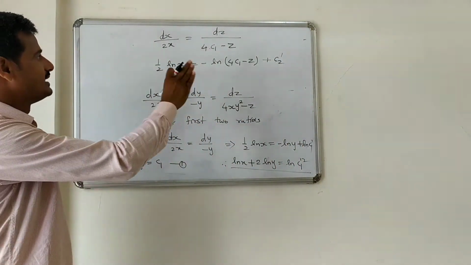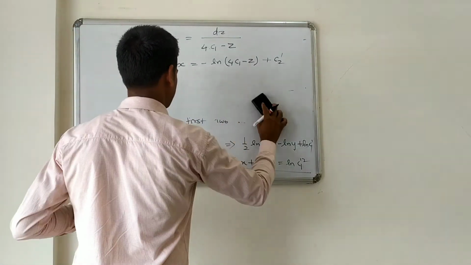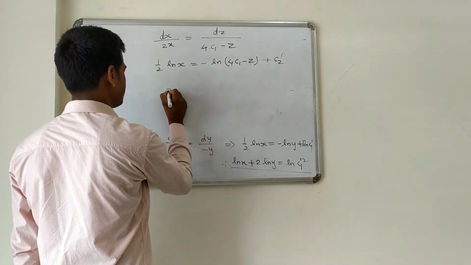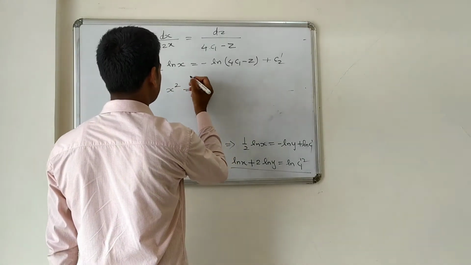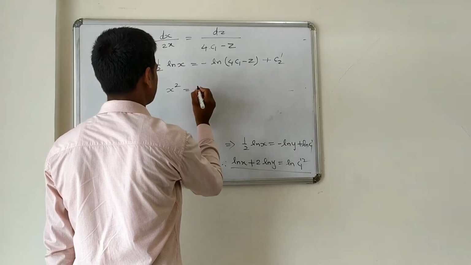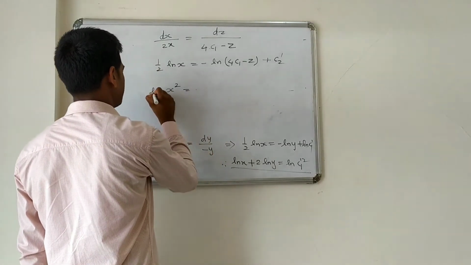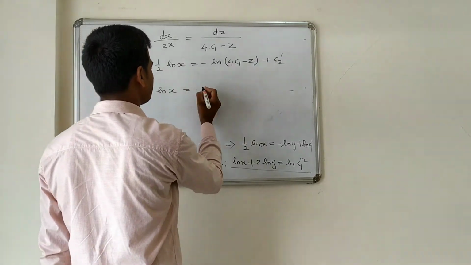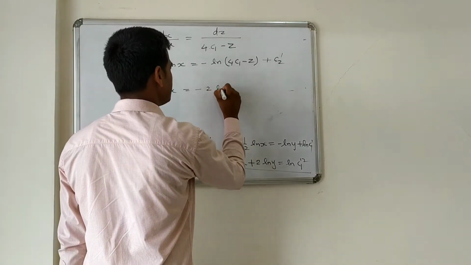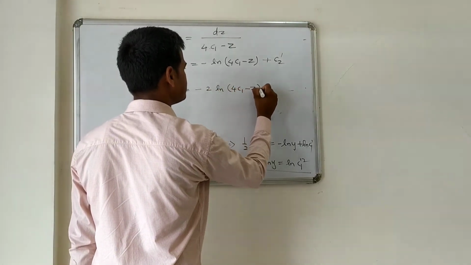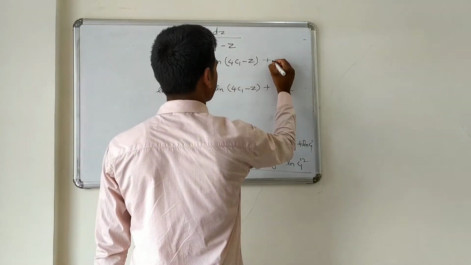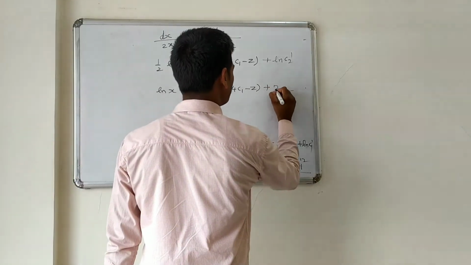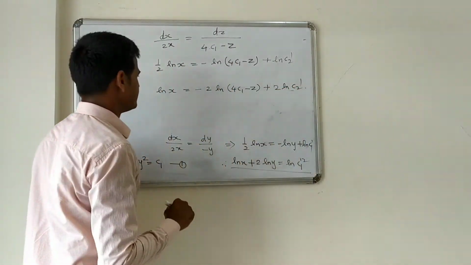Now multiplied by 2, ln x is equal to minus 2 ln 4c1 minus z plus, let us add the constant of integration, 2 ln c2 dash.